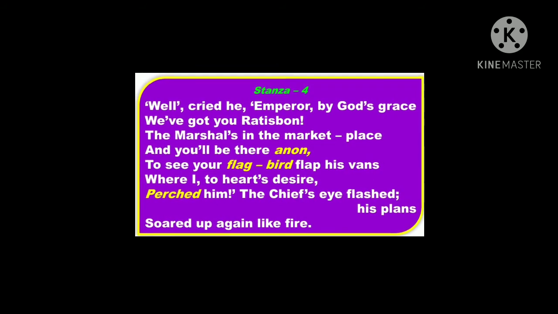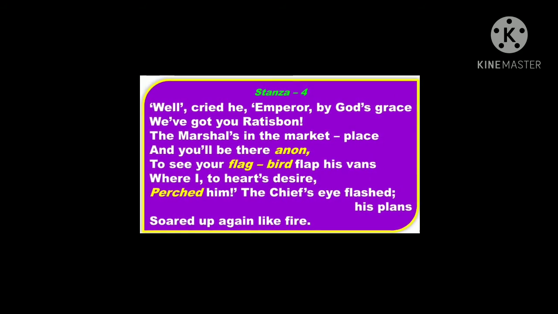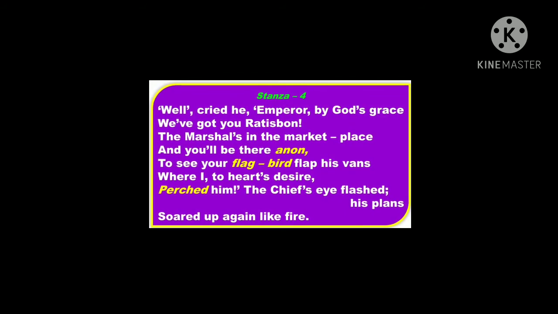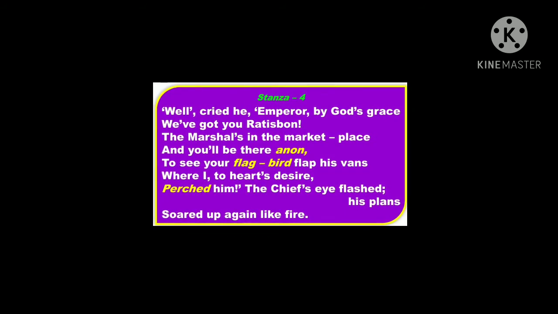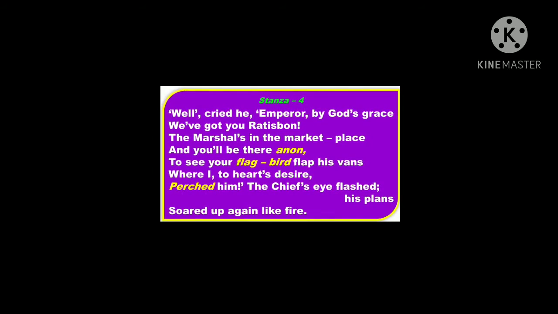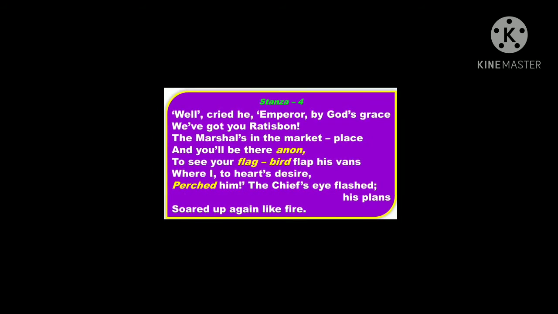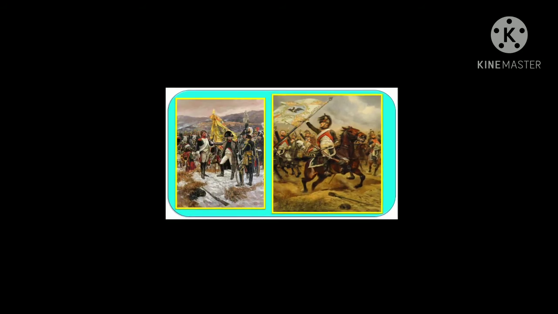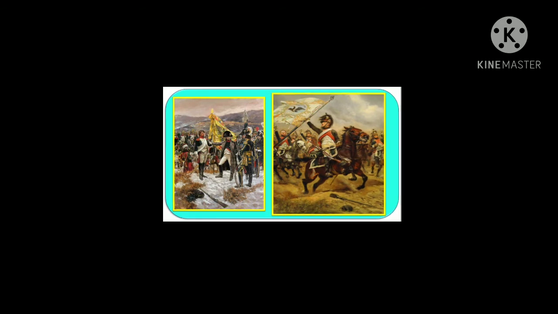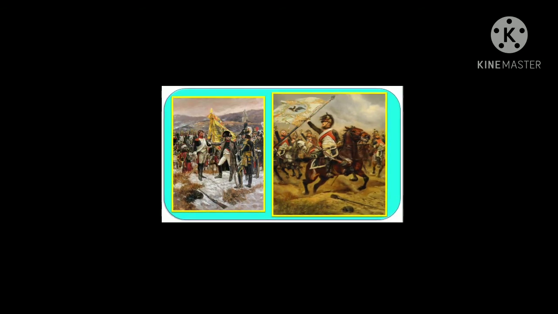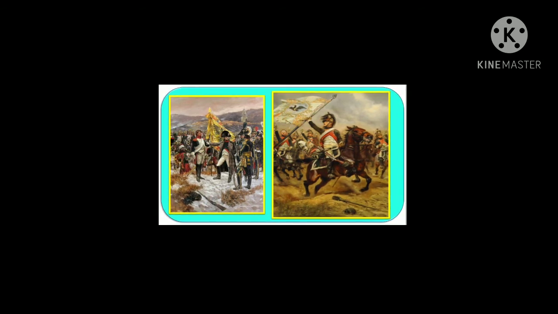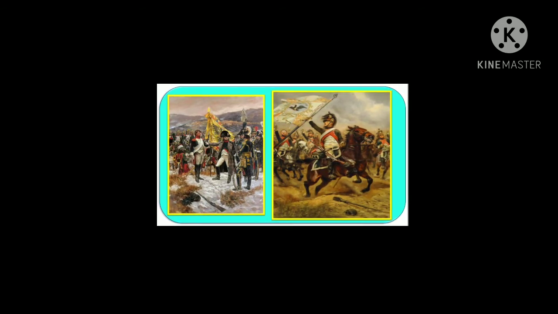Here, anon means soon. Flagbird means the imperial eagle on the French flag. Perched means sat on or rested. In this stanza, the poet is describing the way in which the young soldier informed Napoleon of their success and the reaction of the emperor to this good news.